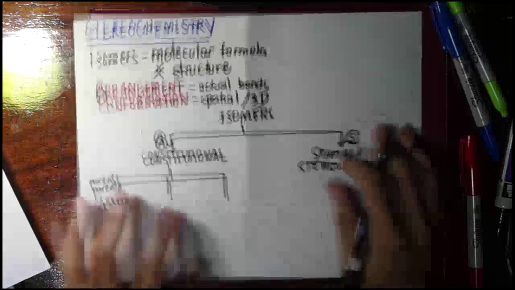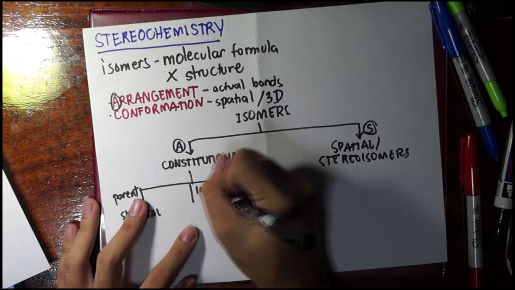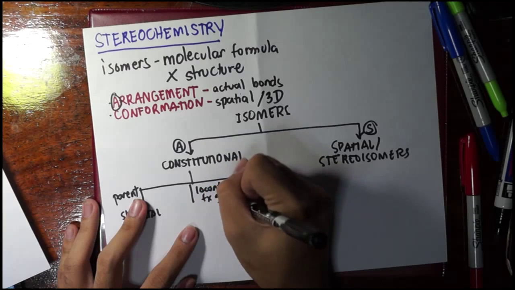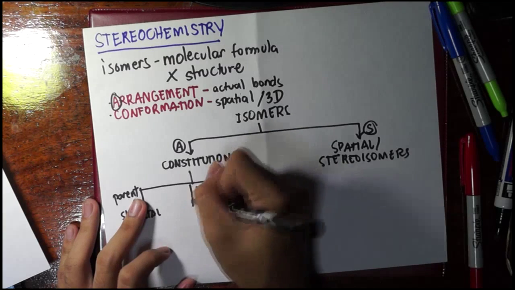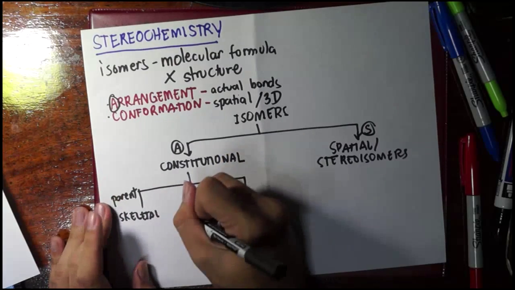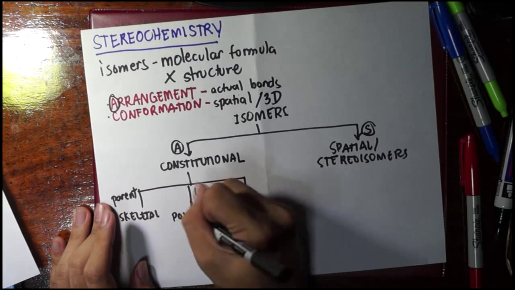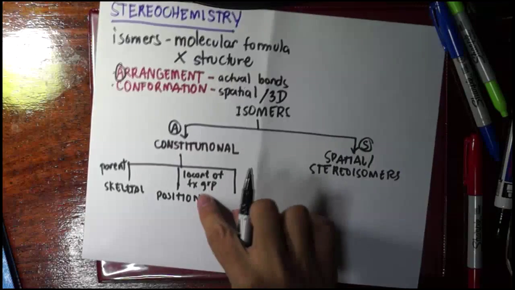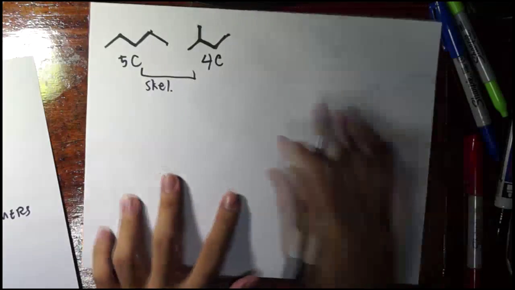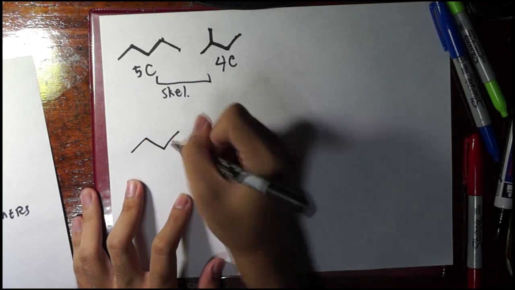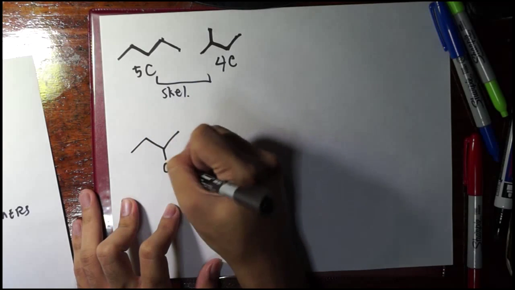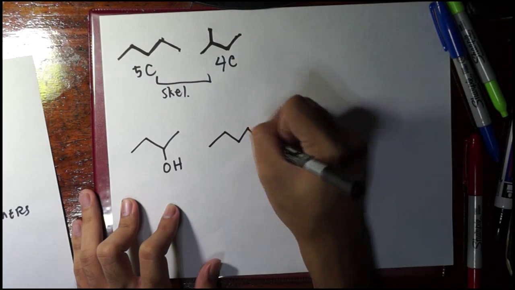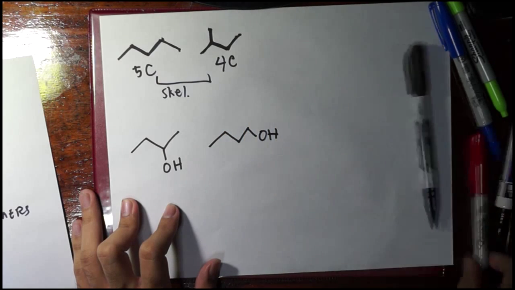Now, the next would be the placement or the locant of the functional group. I'm reading the table in the handout. We call this positional because we're talking about the position of the functional group. Let's have two isomers with a hydroxyl functional group, this one and this one. How do we assign locants?